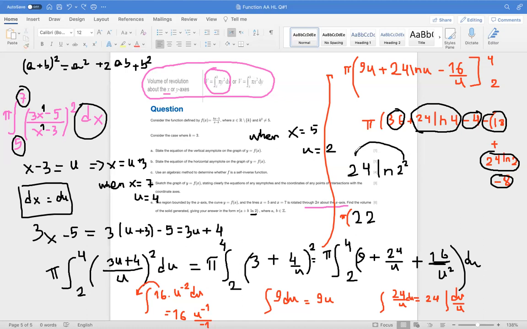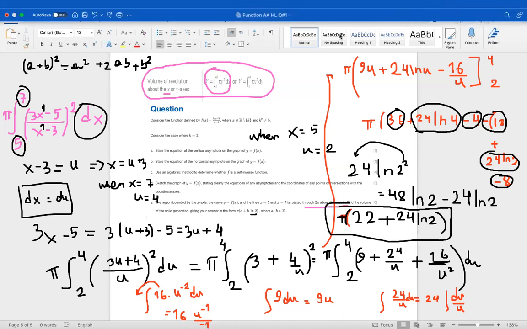And this 2 can move as a coefficient of ln, which is going to be 48 ln 2, minus 24 ln 2, which will be 24 ln 2. That's it. So pi times (22 plus 24 ln 2). That's it.